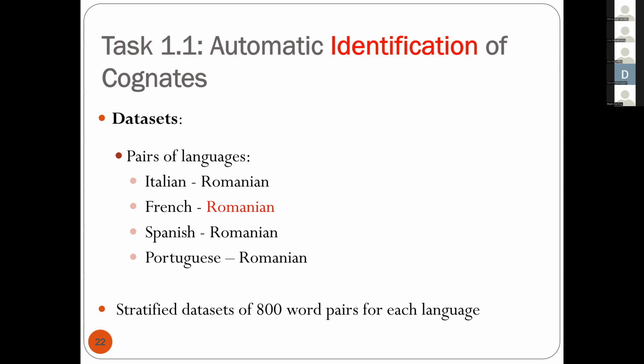We take the same number of word pairs, 800 for each language, 400 cognates and 400 pairs of words which are not cognates. We chose 400 because for French and Romanian we have fewer than 500 pairs of cognates with the definition which we use.